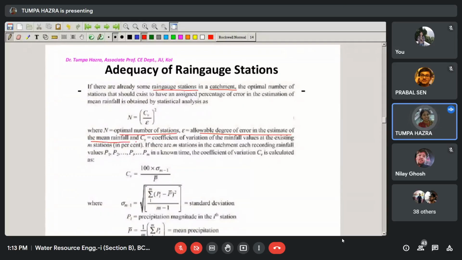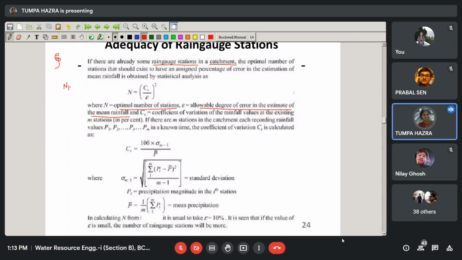For example, for a particular area, you already have N1 rain gauge stations, and you know that rainfall data is uncertain, random data, so this data is associated with some error. Now, if you accept epsilon amount of error for a particular area, then whatever optimal number of rain gauge stations you require, you can determine by using this formula.